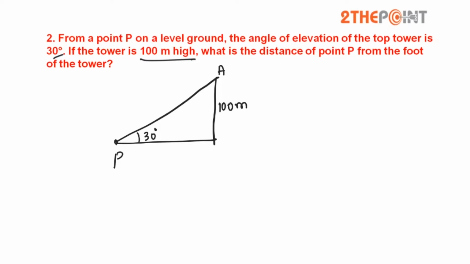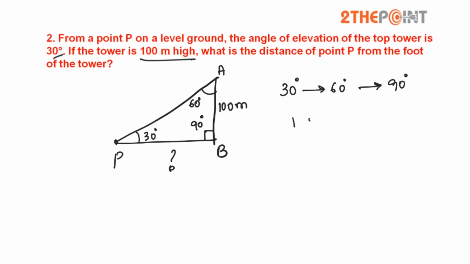Let the height of the tower be AB. So we have to find this distance now. We know that for a right angle triangle, we always have one angle as 90 degree. If one is 30, the other is obviously 60. If 30, 60, 90, go for the first ratio, 30 degree, 60 degree and 90 degree.